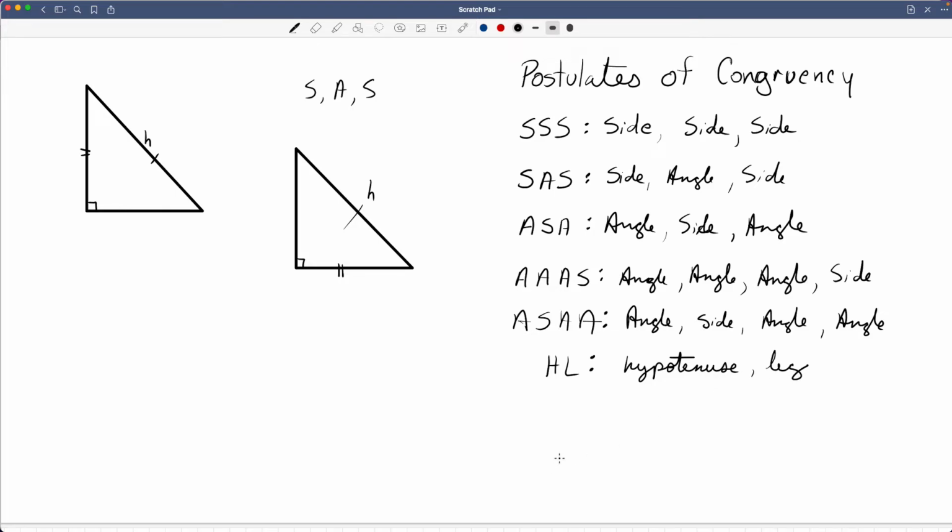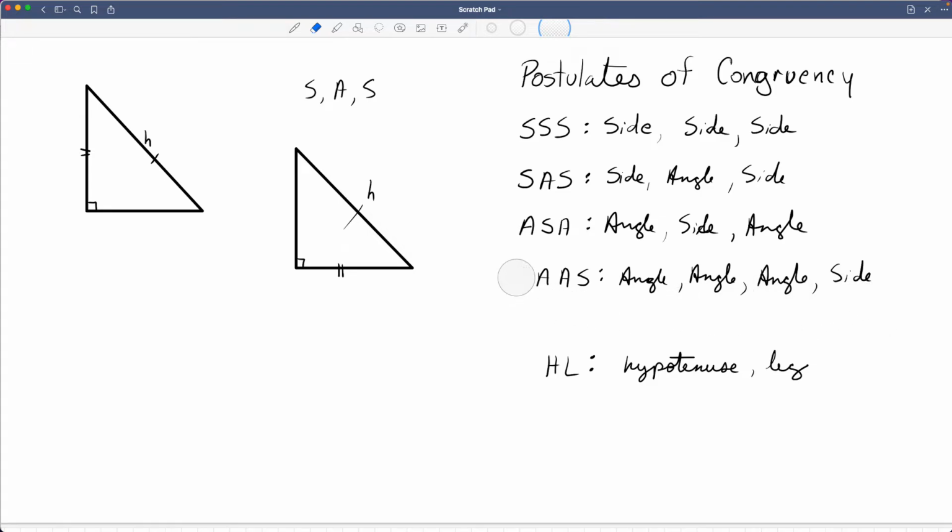So those are the postulates that we're going to use for the majority of the time. We'll use side, side, side, side, angle, side, and then we'll typically use either angle, side, angle, or angle, angle, angle, side. This one, you don't have to. It's the same thing.